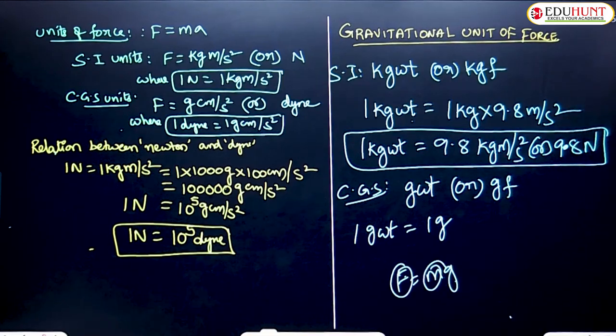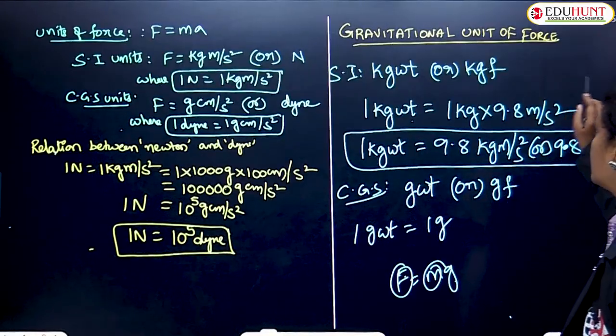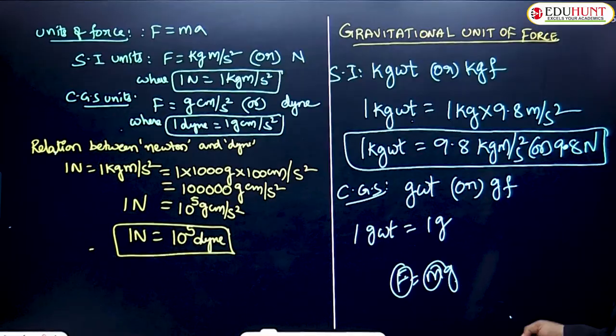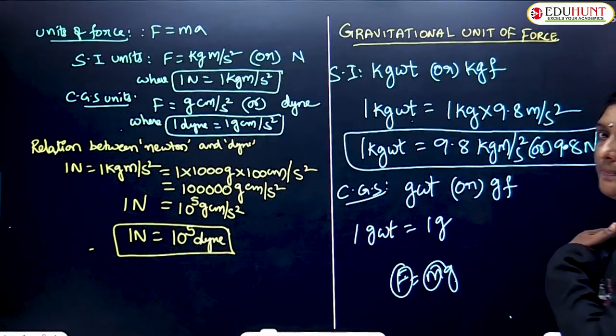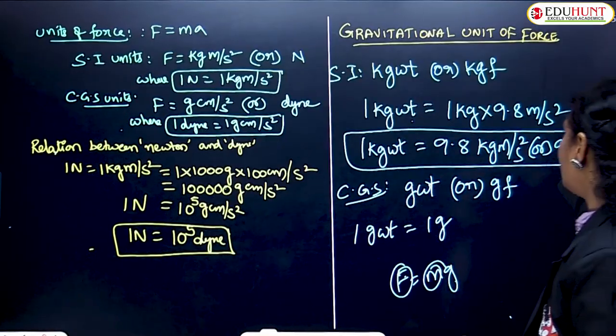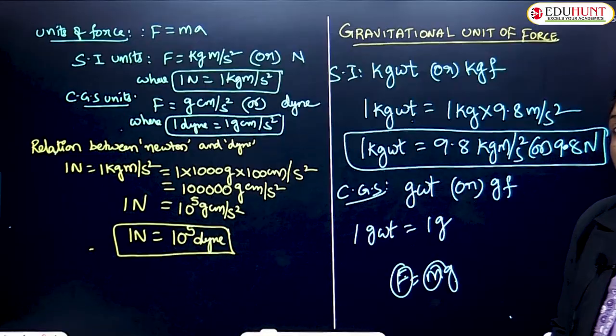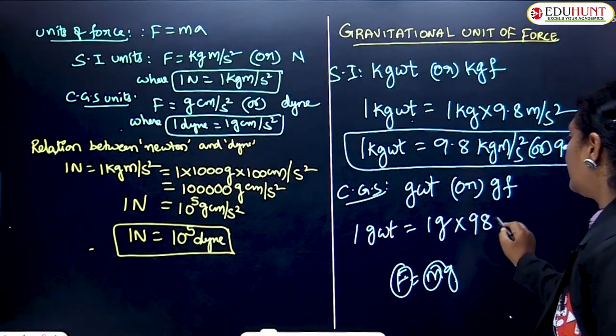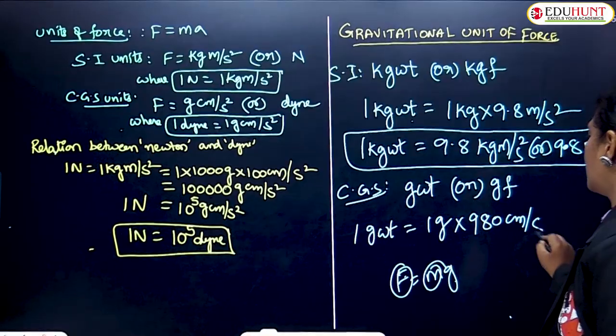Acceleration due to gravity in the CGS system: 1 meter per second square can be written as how much, children? 100 centimeter per second square. So 9.8 meter per second square equals 9.8 into 100, that is 980 centimeter per second square.